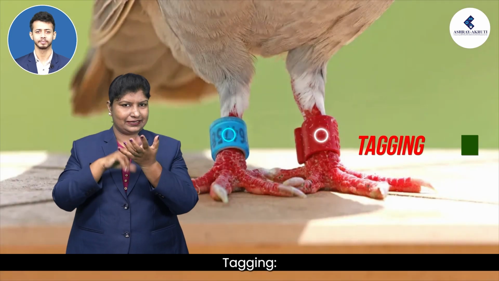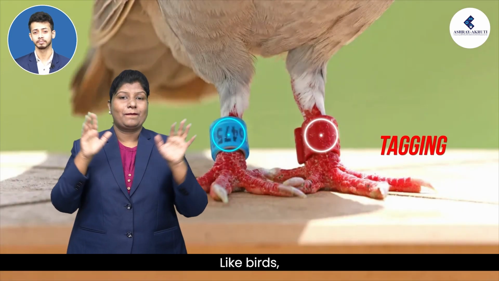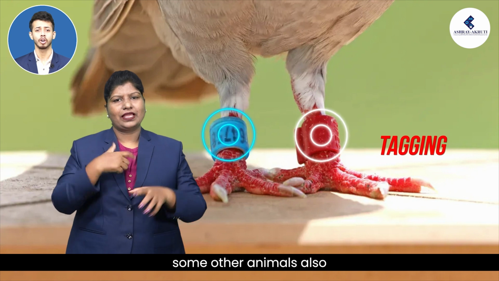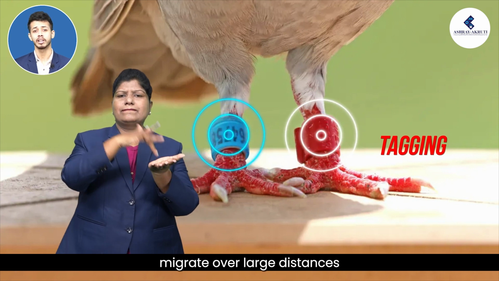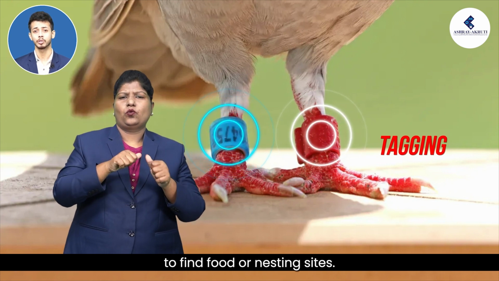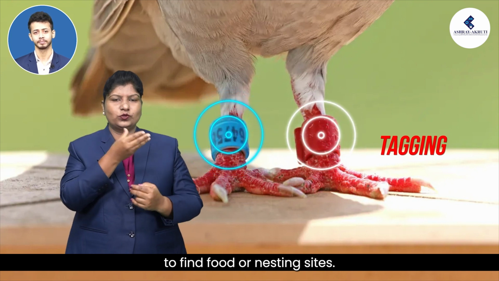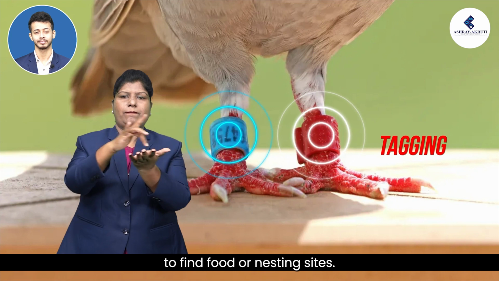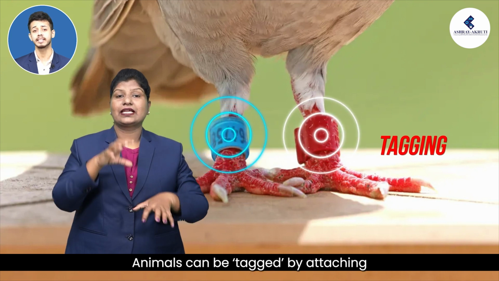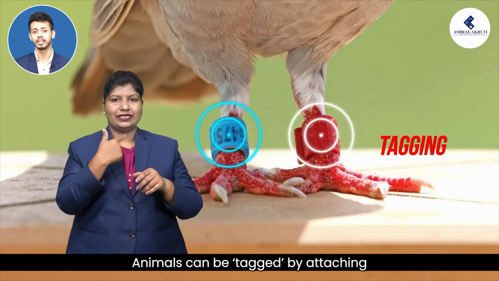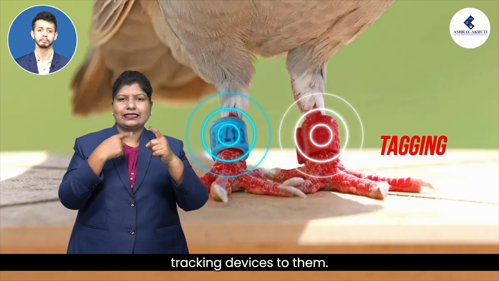Tagging. Like birds, some other animals also migrate over large distances to find food or nesting sites. Animals can be tagged by attaching tracking devices to them.